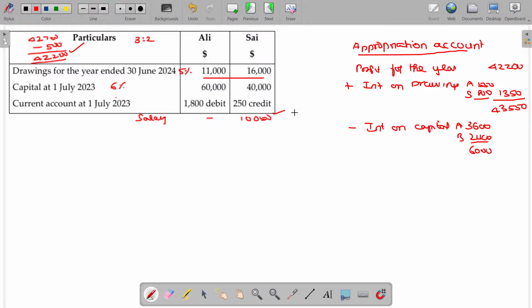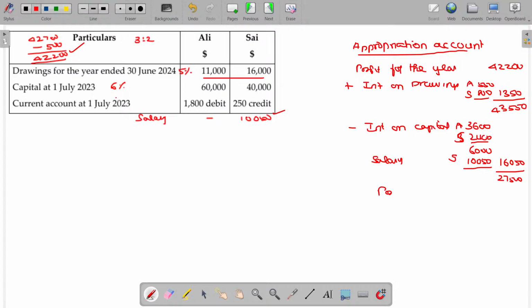And salary payable to Sai, this value being 10,050. Then if I add and subtract, this total 16,050 is going to be subtracted from the earlier income. 27,500 is going to be appropriated.